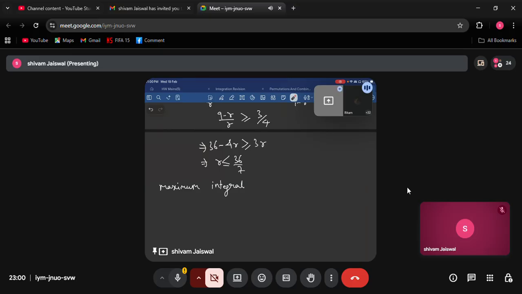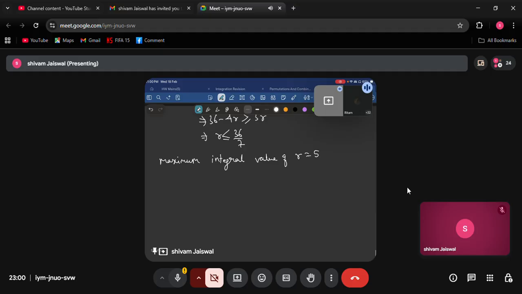Maximum integral value of r is equal to 5. Now, why did I solve this inequality and what does it mean?